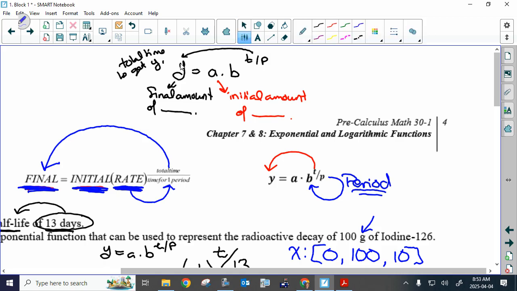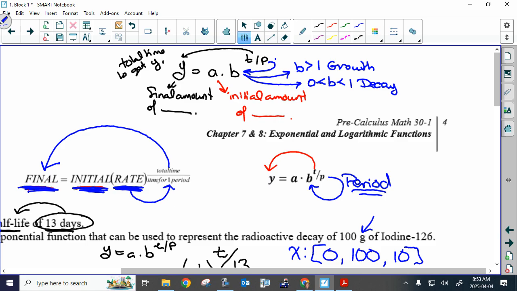Now we learned that by definition an exponential function has to have a base that's positive and it can't be 0. If your base is greater than 1, we're going to grow. And if your base is between 0 and 1, it's going to be a decay function. Now directly linked to the b value is going to be your period. So there's going to be some sort of talk about growth or decay, and right next to it, there's going to be a time frame connected to that.